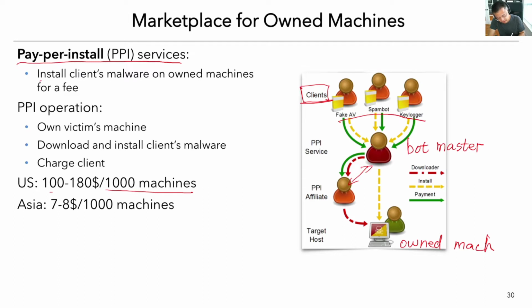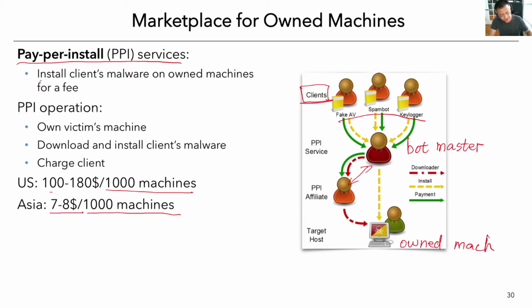In Asia, that will be $7 to $8 per 1,000 machines. The price of this installation is really dependent on the country, right? The richer countries get charged more because they expect to profit more from those bots.